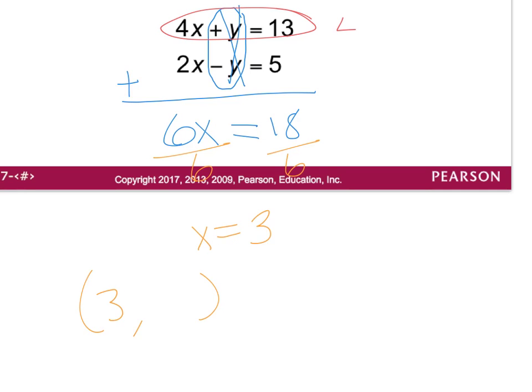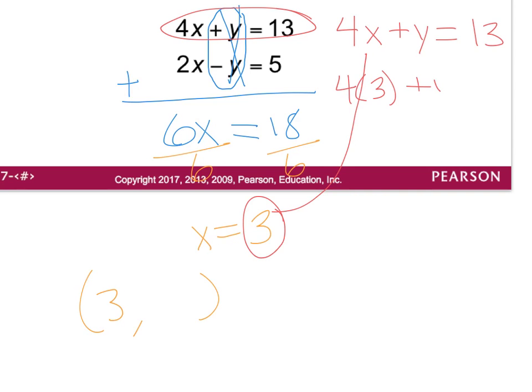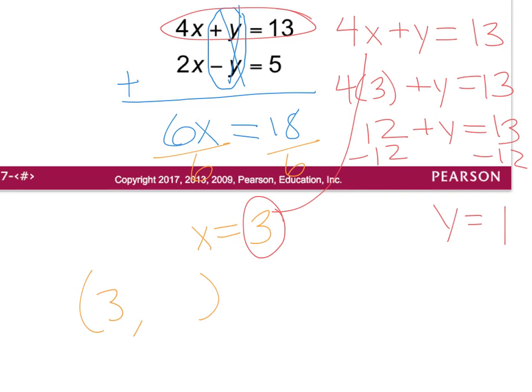I'm going to choose the top, and I'm just picking that one because there's no negatives, so in my opinion, I think it's easier to work with. So I'm going to take the 3 and substitute it in for the x. So I'll have 4 times 3 plus y equals 13. Multiply your 4 and your 3 to get a 12. And then isolate the y by subtracting the 12 from both sides, and you'll get a y value of 1.